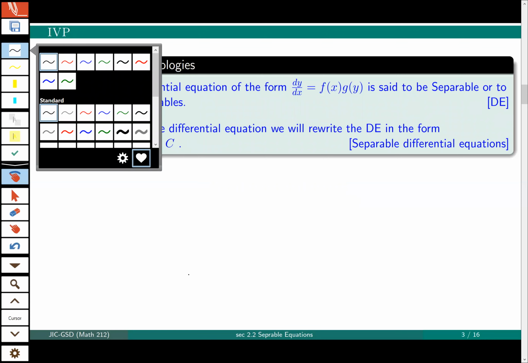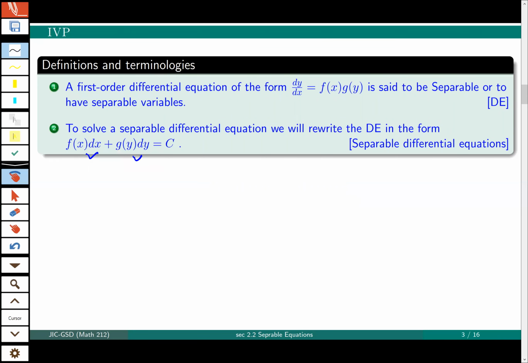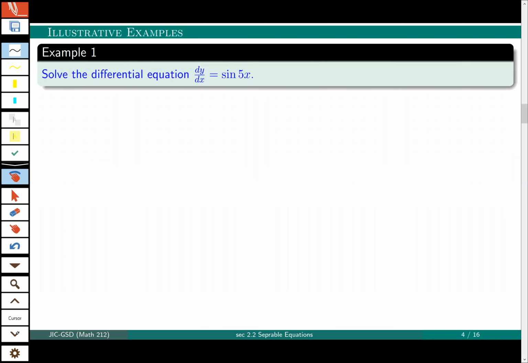Now, whenever we have the ability to separate a function of x with dx and a function of y with dy, we call the equation a separable equation. Let's start with the first question here. We have the equation dy with respect to x equal to sine of 5x.